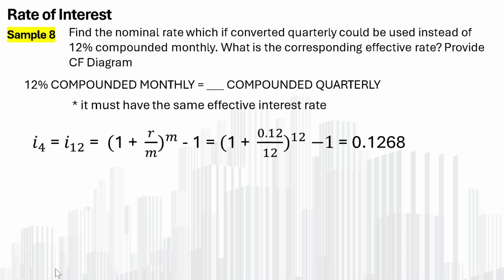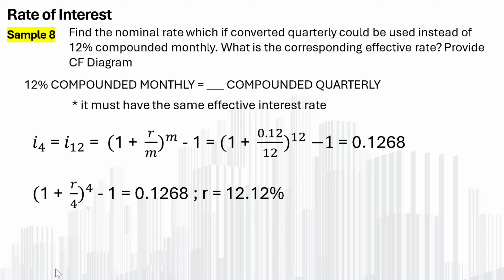And if we're gonna use muna yung formula for 12%, we will have an effective interest rate of 12.68%. Eh, pag ginamit naman natin yung quarterly, we can get the nominal rate doon at 12.12%. There we go.